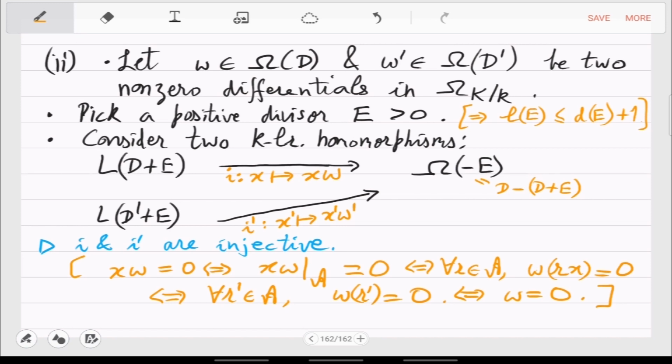Suppose you can show that these two embeddings, they overlap, they are not disjoint, right. So, if they overlap, then it means that x omega is equal to x prime omega prime for some x and x prime, which will finish the proof. So, we just have to show that these two embeddings, the range is too small, so these two embeddings actually overlap.